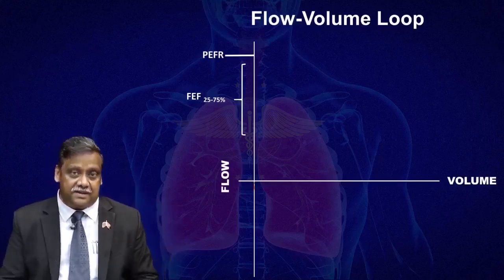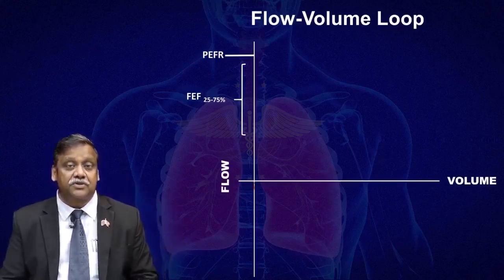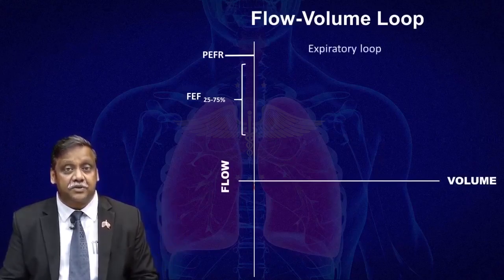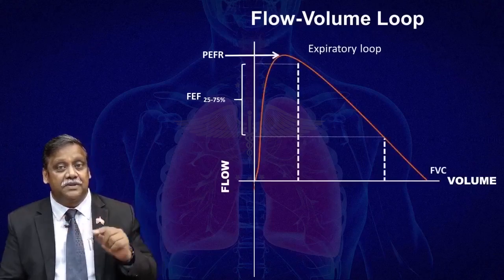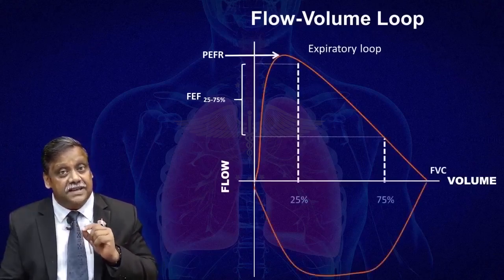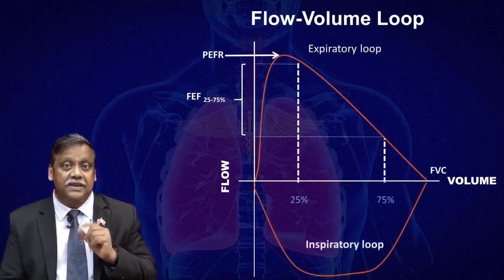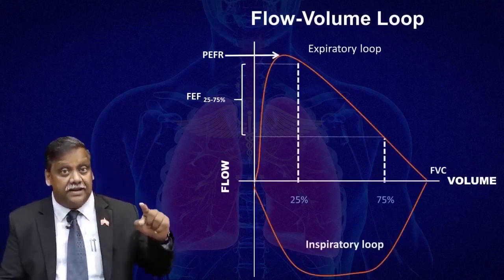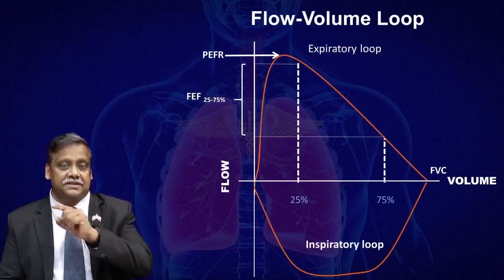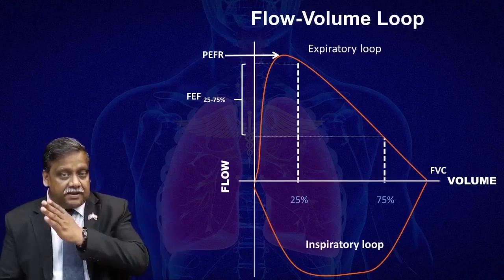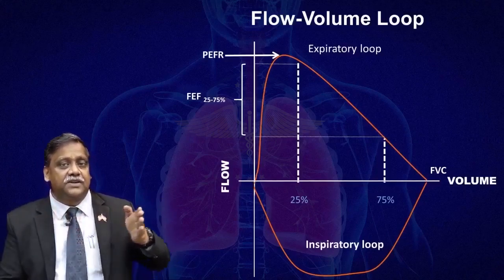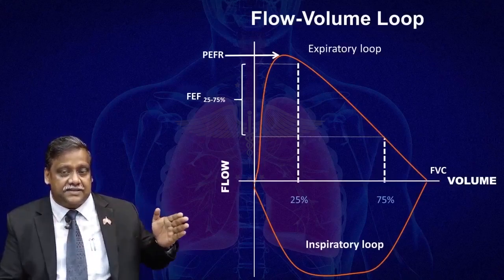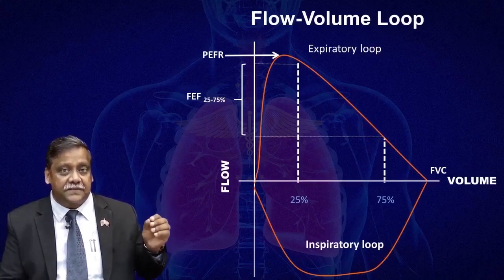Here you get a loop-like image where the upper portion of the loop, which is the expiratory loop, looks like a triangle, and the lower portion of the loop looks like a semicircle, which is the inspiratory portion of the curve. So expiratory is a triangle, inspiratory is a semicircle. Just remember that. Because volume is on the x-axis, the point that is furthest to the right, as you can see on the x-axis, is the FVC.